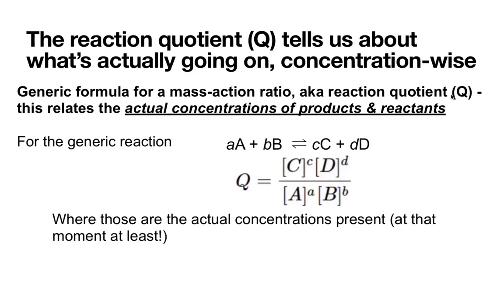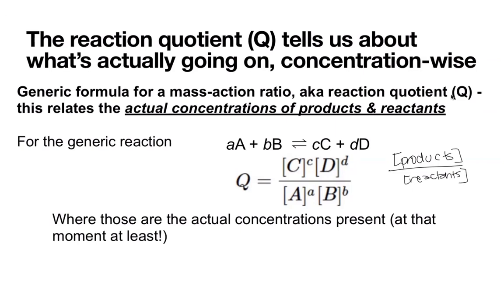In order to do this, we'll still do basically the exact same thing, but here instead of having KEQ, we have the reaction quotient Q. Just like we had products over reactants for the KEQ, we have the same thing here, except that we call it Q and it's not at equilibrium.